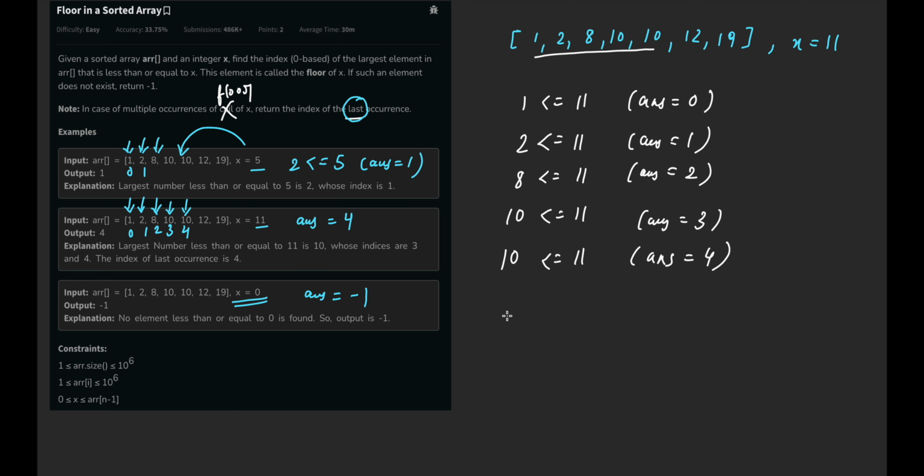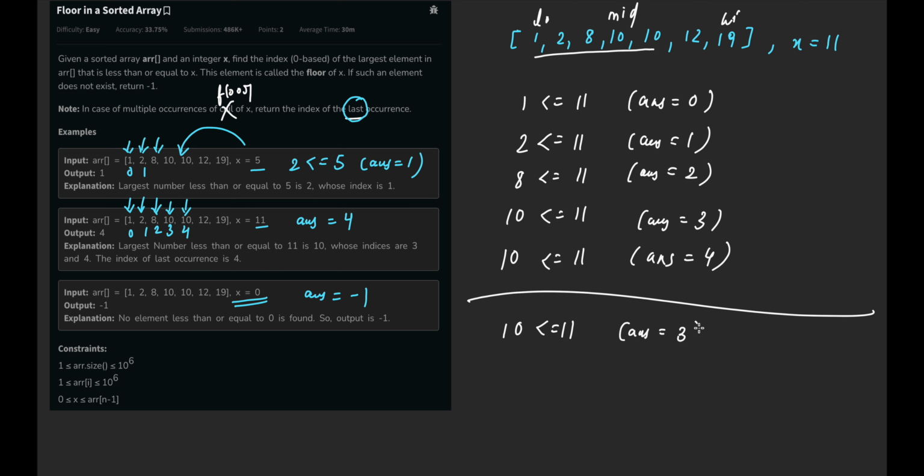What if we assigned low and high pointers, and each time we would be finding the mid. Let's say we got mid here. Now since 10 was a possible candidate, which can be floor element of 11, we stored answer as 3.